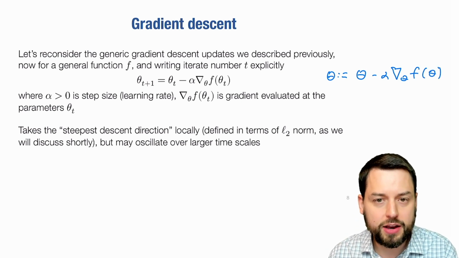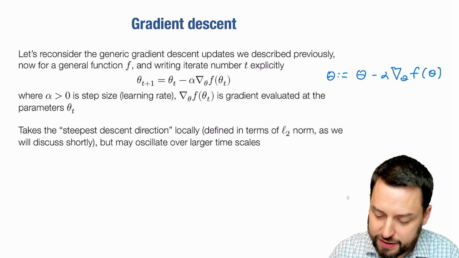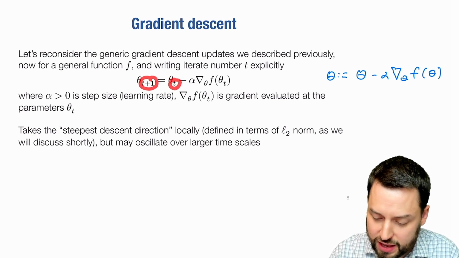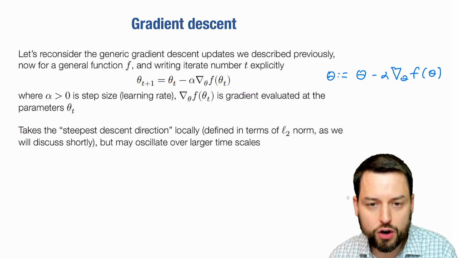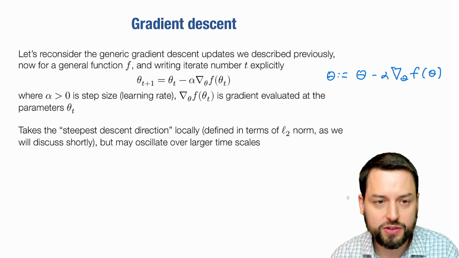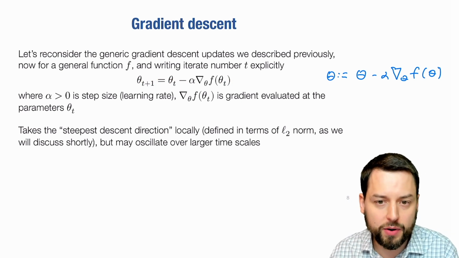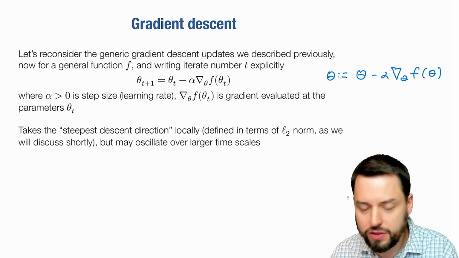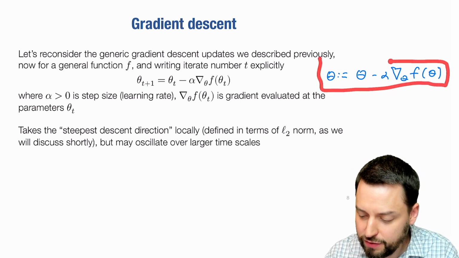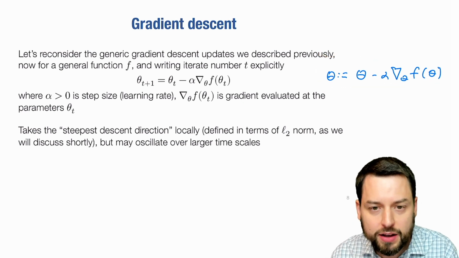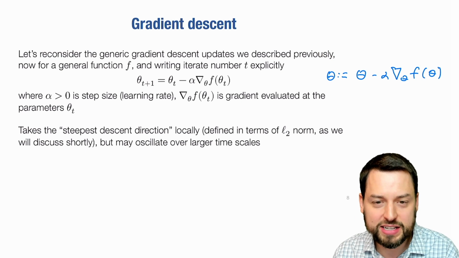But for this section, I'm going to be a bit more explicit, and I'm going to have explicit subscripts that indicate which iteration of our algorithm we're in. So t here is going to be the iteration number of our algorithm. The reason we do that is that this is the implementation view, how we implement the gradient descent algorithm in code.